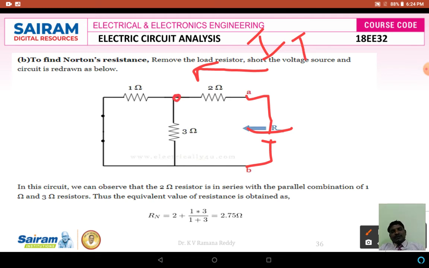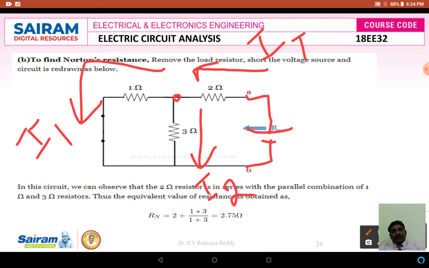It meets this node, and then the total current IT is divided into two currents. One current flowing in this branch, name it I1, and the other current flowing through the 3 ohms, name it I2. Therefore the 1 ohm resistor and 3 ohm resistor are connected in parallel, and again in series with 2 ohms.